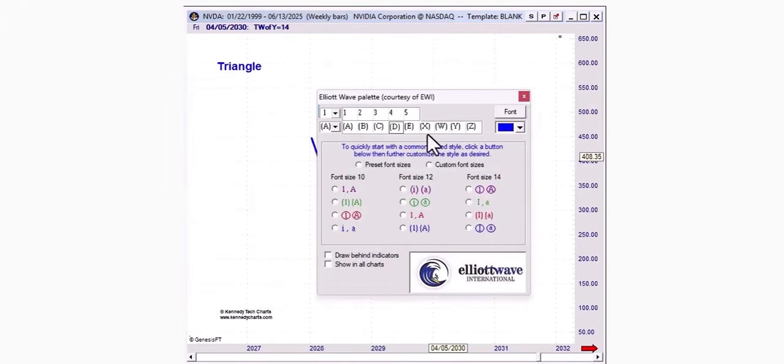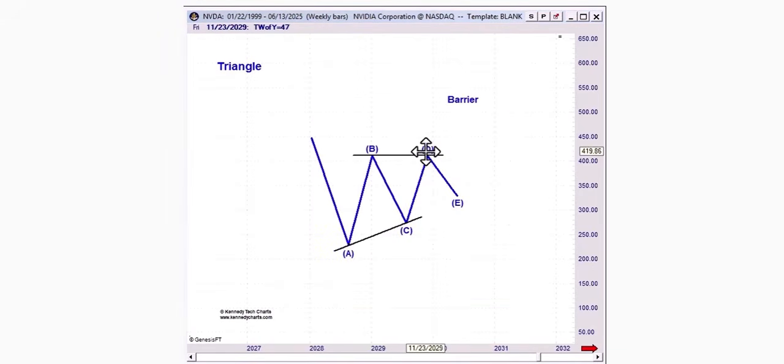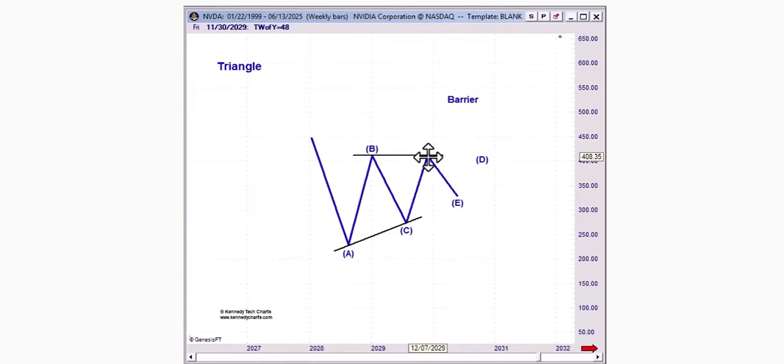Now, one thing to keep in mind here is that it is allowable, and it is okay, if wave D of a barrier triangle were to move briefly, that's the big takeaway, briefly, above the wave B extreme. This is very acceptable, and it's also very representative of real world markets.